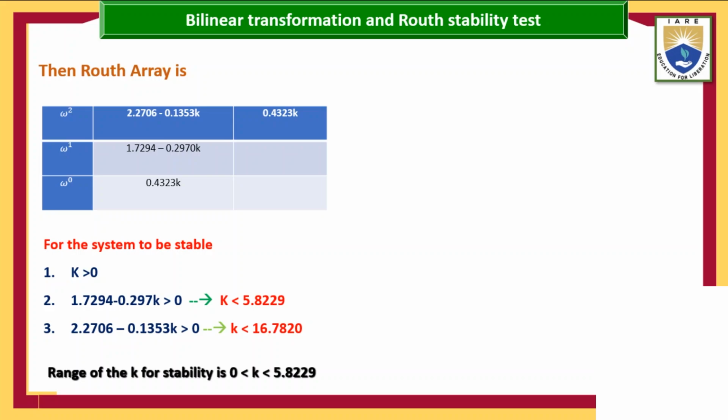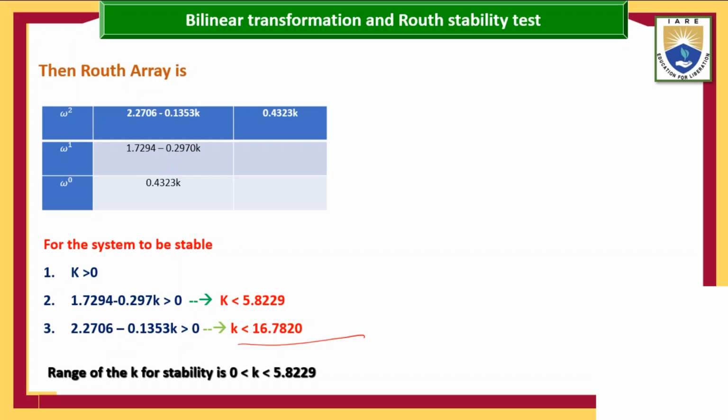From that one, we would say that k is less than 5.8229. We got that one as the third condition. The first stable condition is this one, 2.2703 minus 1.345 greater than 0.